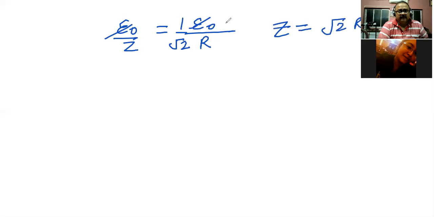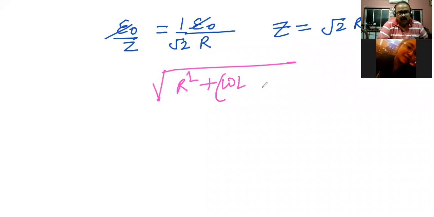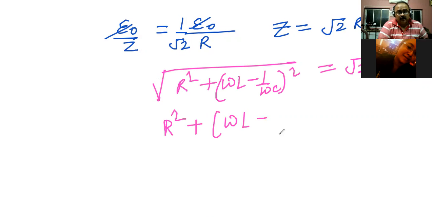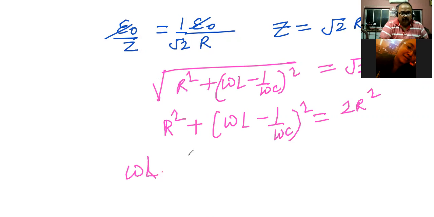Now children, what is the value of Z? I have already discussed: Z is equal to root over of R square plus omega L minus 1 by omega C whole square, and that is equal to root 2 R. Now squaring both sides, R square plus omega L minus 1 by omega C whole square is equal to 2R square.